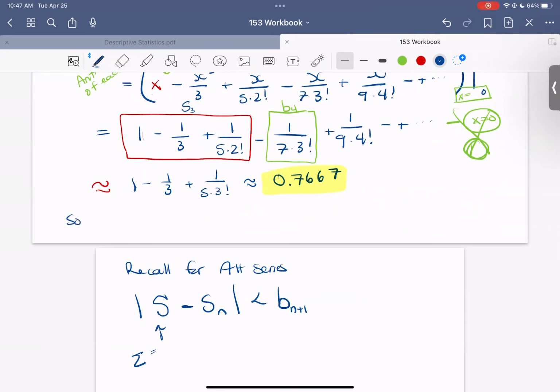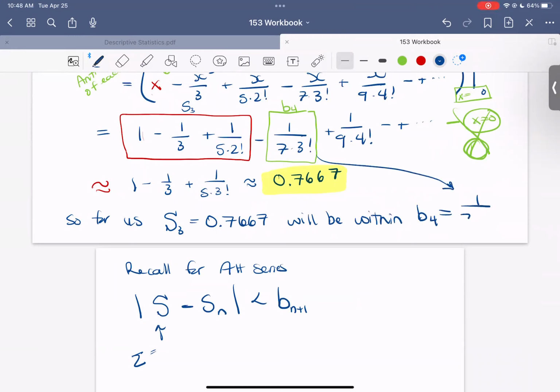So what does that mean? So for us, this S sub 3, which is 0.7667, will be within B sub 4, which is 1 over 7 times 3 factorial. If you want to compute that out, it's 0.024.